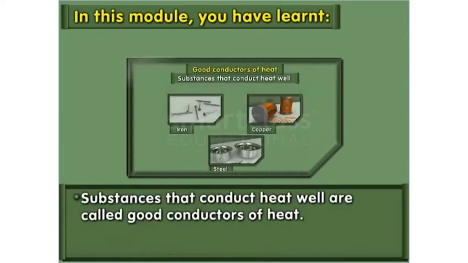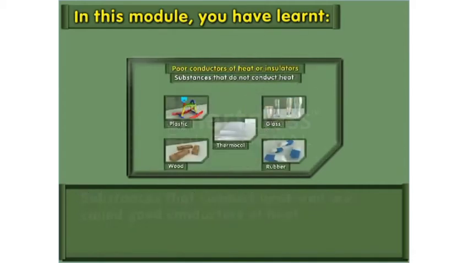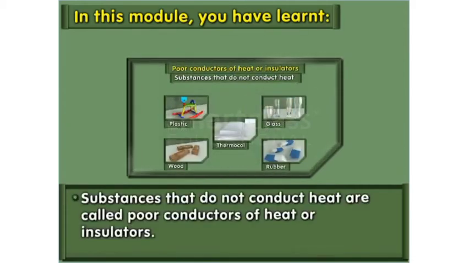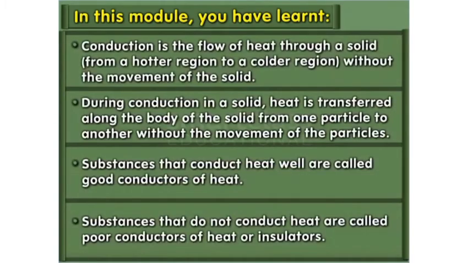Substances that conduct heat well are called good conductors of heat. Substances that do not conduct heat are called poor conductors of heat or insulators. So this is all about conduction.